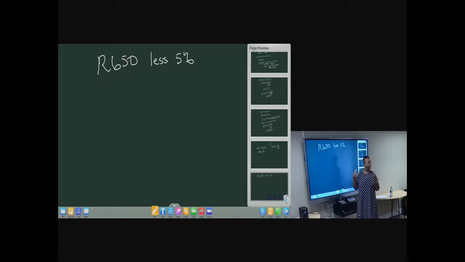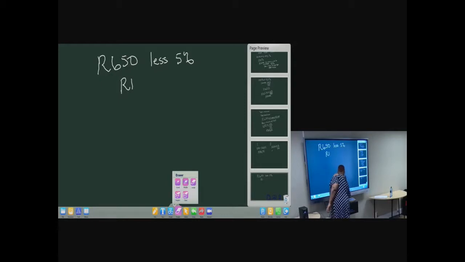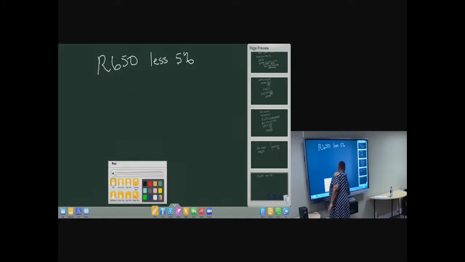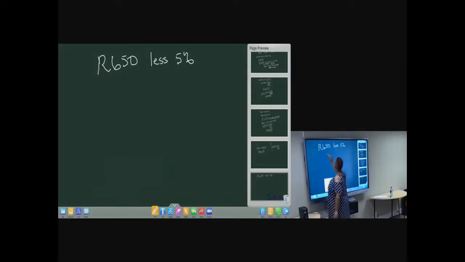Now when working, you take once more what you are decreasing to be 100%. The difference you do is you subtract the 5% from 100%, and then you will have 95%.